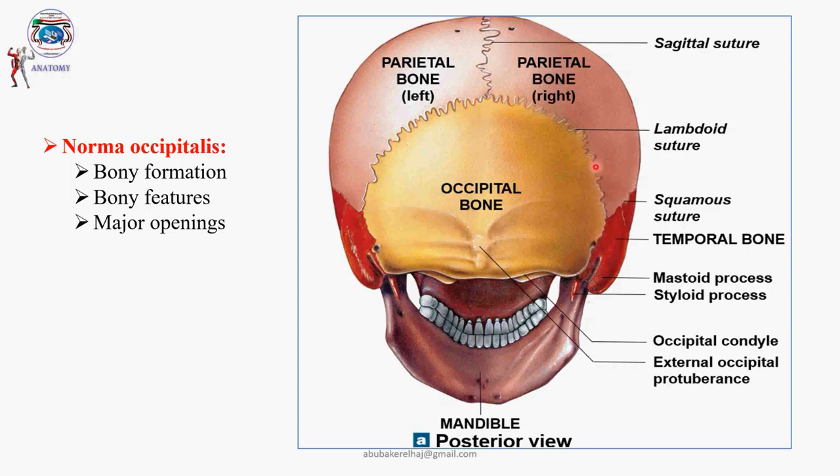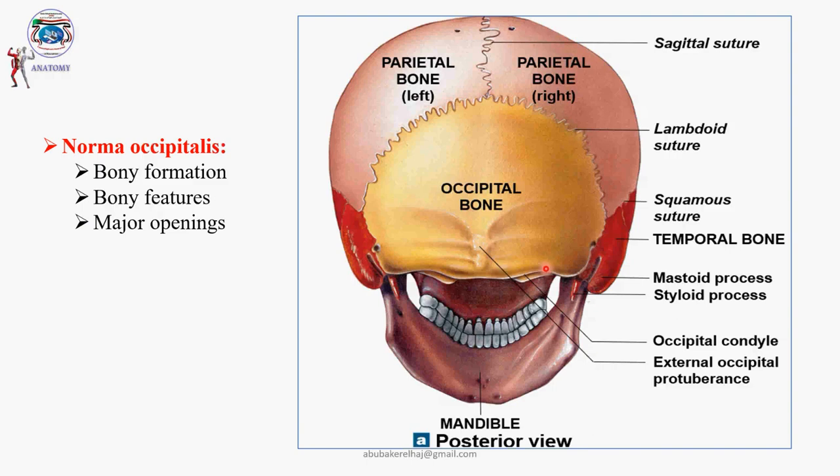Then we also have the sutures, as you see here. This is the largest suture along the posterior aspect, which is called the lambdoid suture, and in the central part we have the posterior aspect of the sagittal suture, and the junction between the sagittal suture and lambdoid suture has a specific term, which is called the lambda.